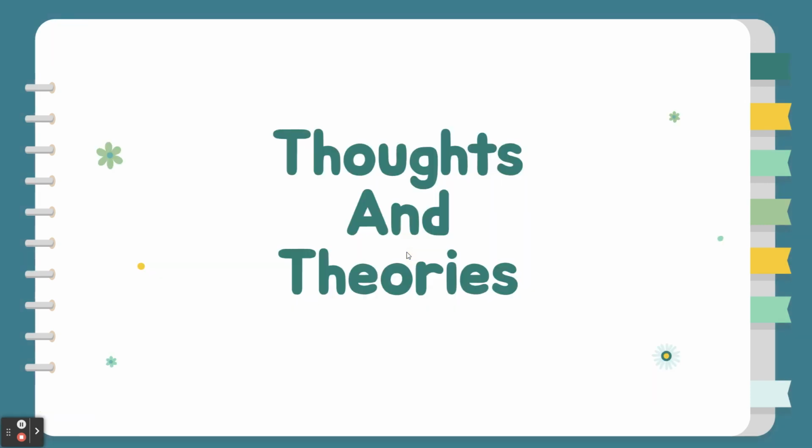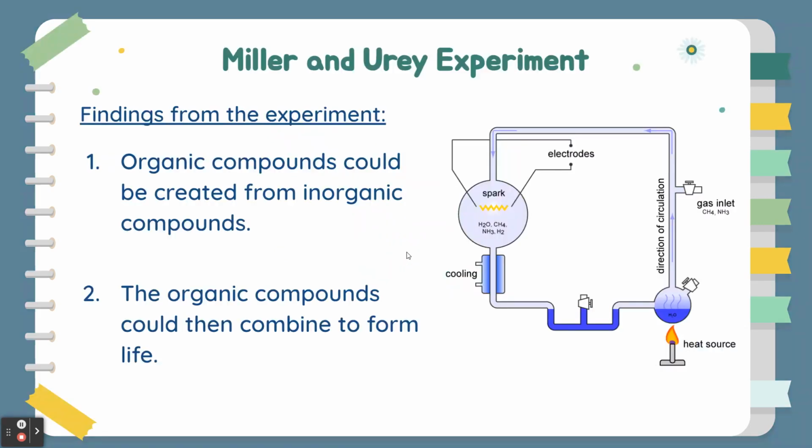Okay, let's explore some significant scientific thoughts and theories about cells. I want to start with the Miller and Urey experiment. Stanley Miller and Harold Urey were American chemists known for their groundbreaking experiment that simulated the conditions believed to have existed on early Earth.